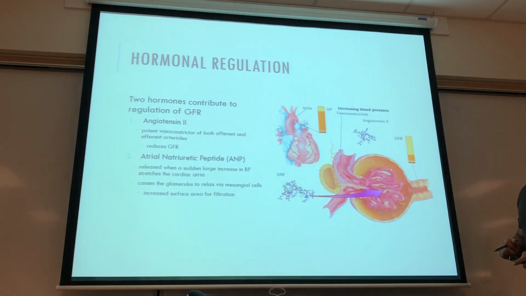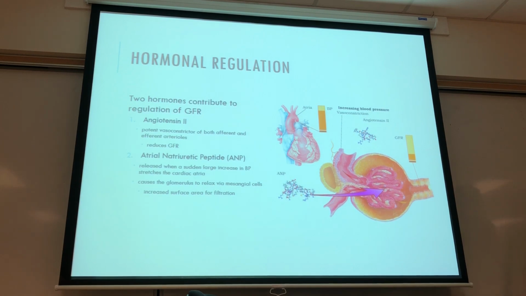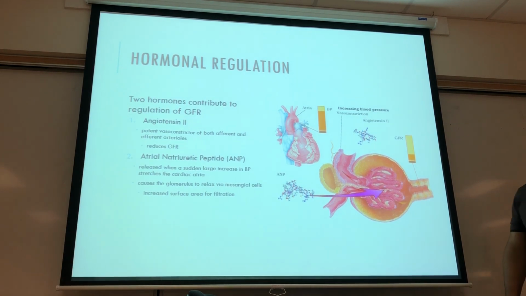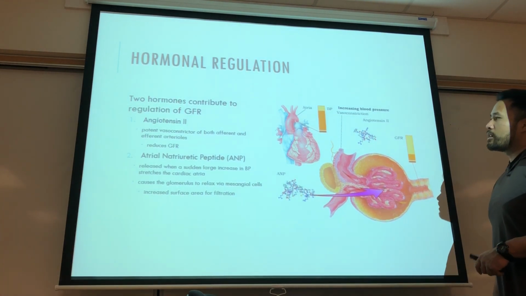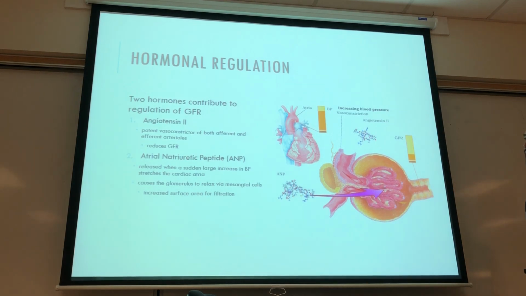Atrial natriuretic peptide, remember again, when blood flows through the atria of the heart, it is going to release ANP. So ANP comes out and causes relaxation. Where does ANP take effect? I did talk about ANP as being a potent vasodilator.